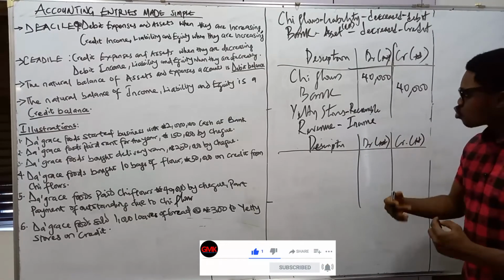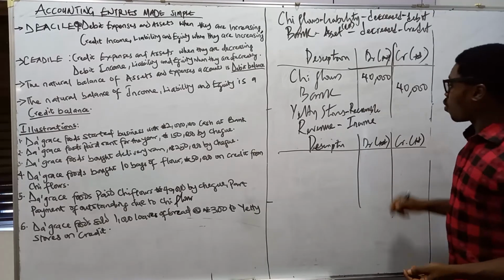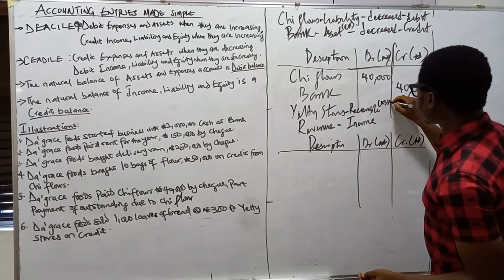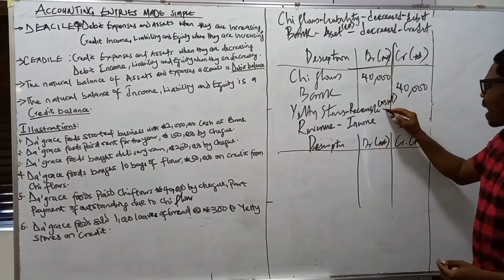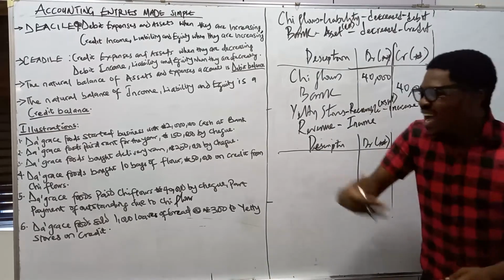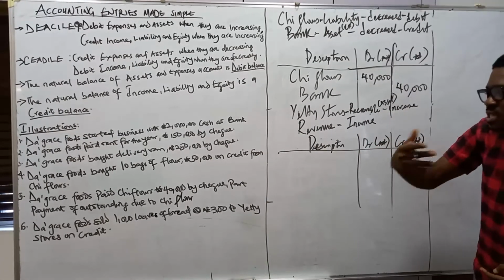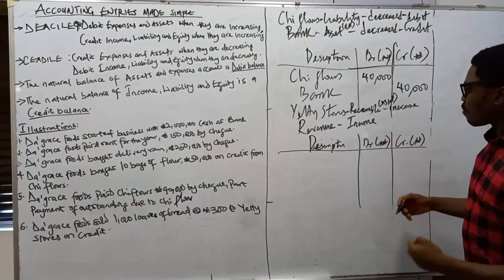What has happened to receivable? Receivable, we know, is also an asset. Receivable has increased. Why? Because Yeti Stores is now owing us 300,000 naira.